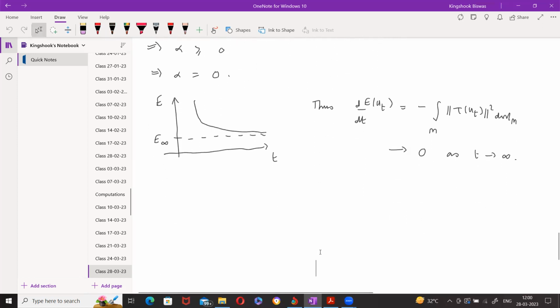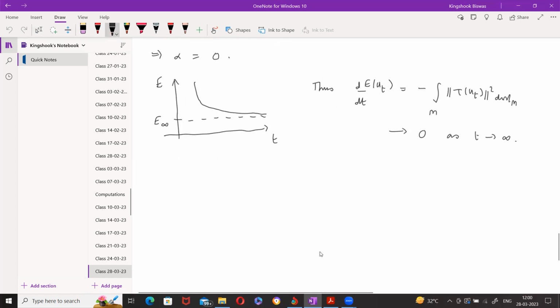Okay. So that is enough for us to conclude the following proposition. Let u_t be a solution to the harmonic maps heat flow.